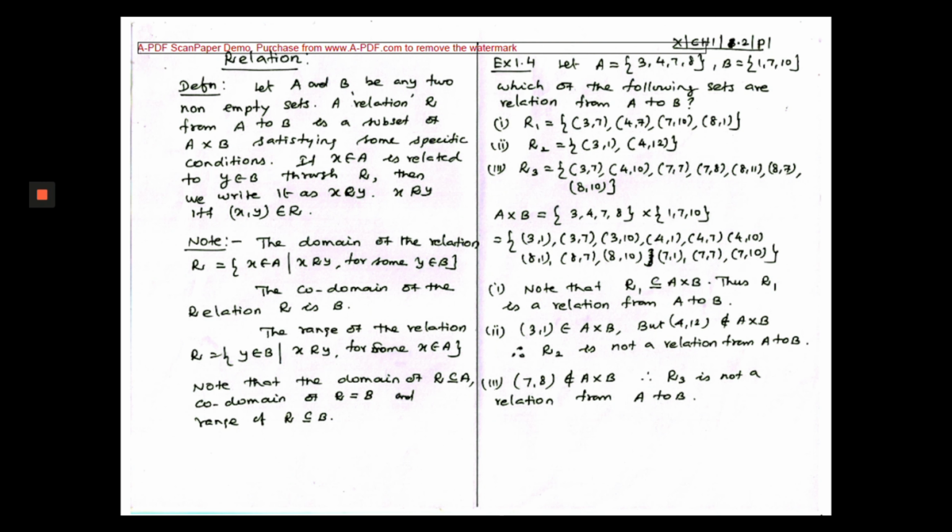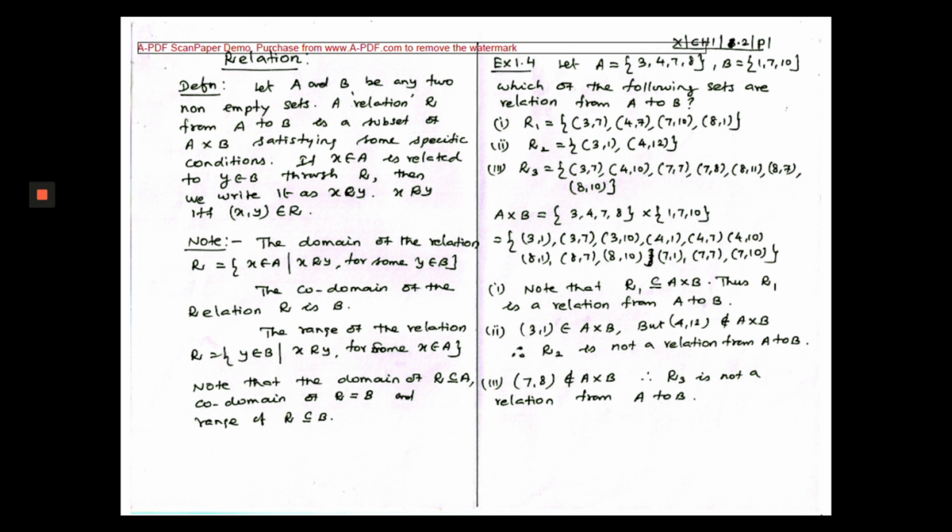The domain of the relation is the set A. The codomain of the relation is set B. The range of the relation is Y belongs to B such that X is related to Y for some X belongs to A. So domain means the set A, codomain means the set B, range means the set of all images.